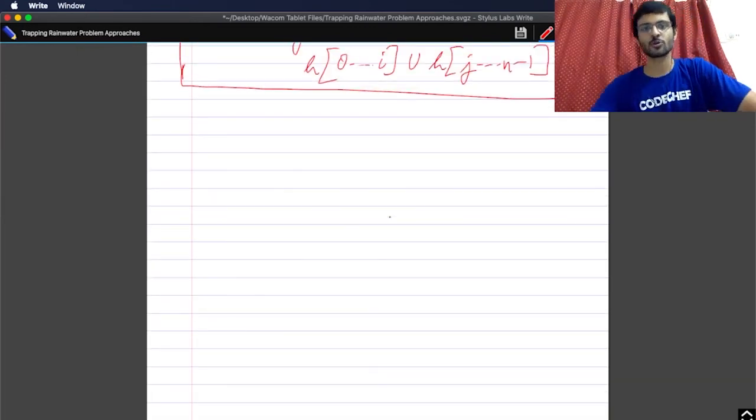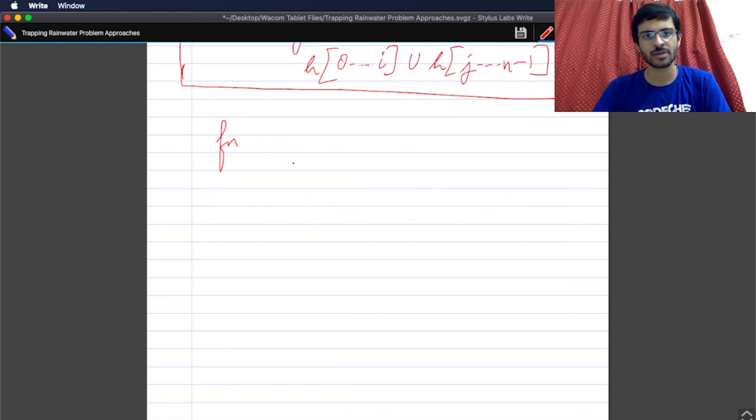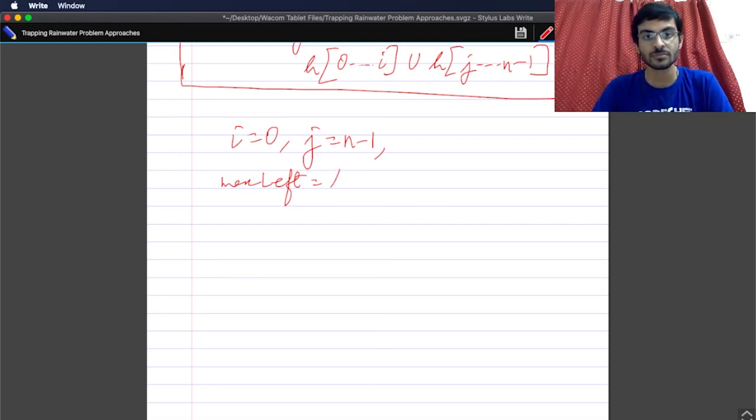So we can look at the coding implementation in short. Maybe it should be easy. I'll do this from scratch. So i equals 0, j equals n minus 1, max left is equal to h of 0, and max right is equal to h of n minus 1.